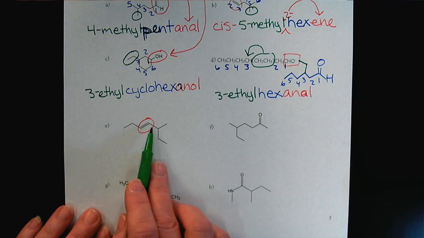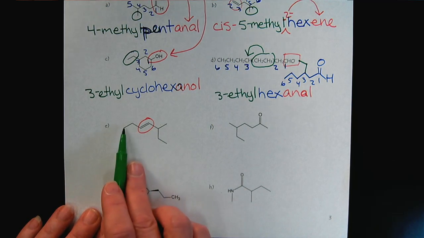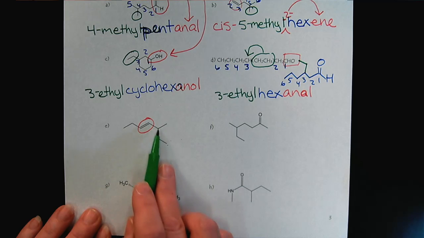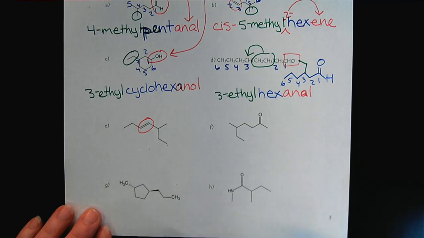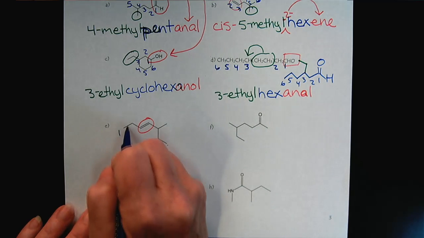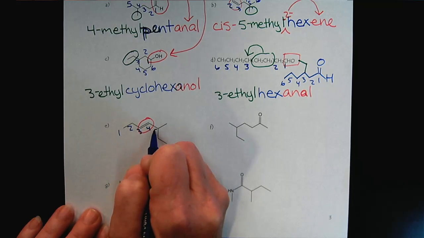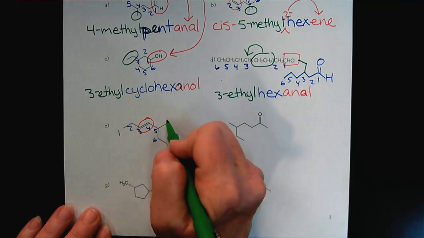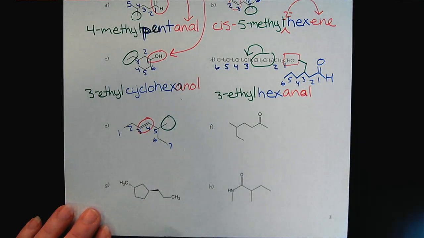We have to find the longest continuous carbon chain, 1, 2, 3. But if we go this way, 1, 2, 3, 4. So it's not a tie, we should number left to right. I put this one in here on purpose to remind you that when the molecules are drawn, they're not always going to give you the longest continuous carbon chain on a velvet pillow. You got to be able to look around and discern.